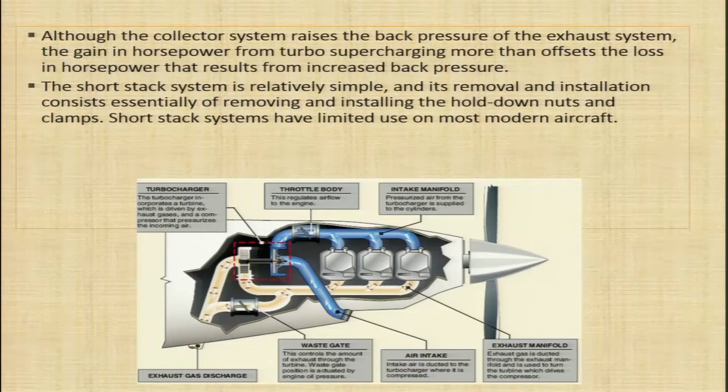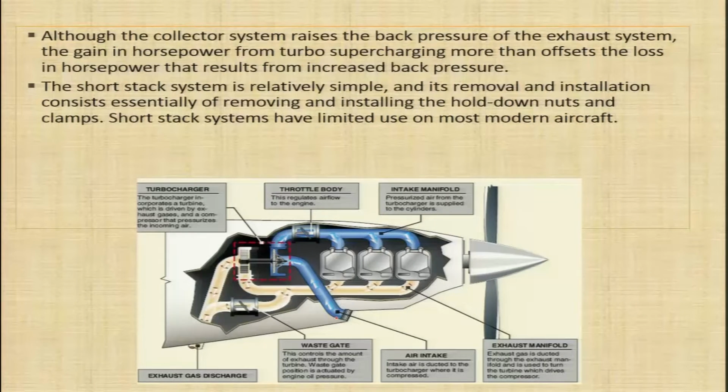The increased back pressure results in lowering of power of the engine, but the turbo supercharger increases the power, and this increase offsets the loss of power due to back pressure in the exhaust because of the collector system.